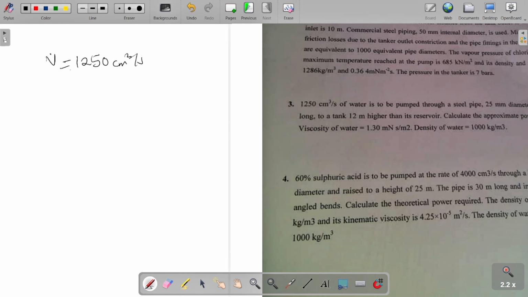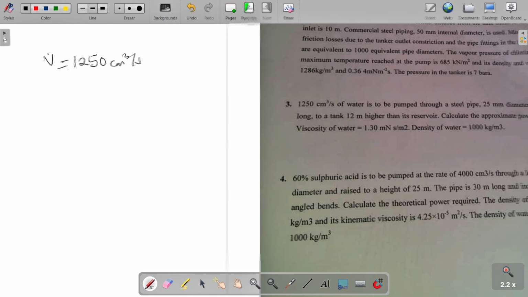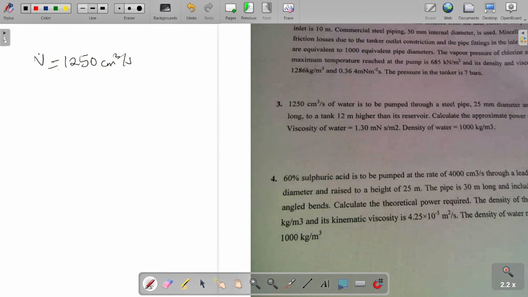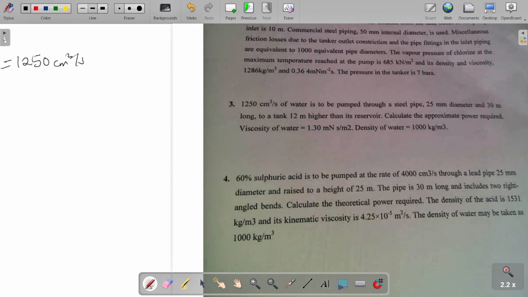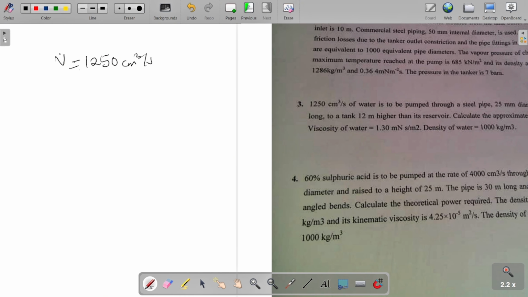So water is pumped through a steel pipe, and the steel pipe has a diameter of 25 millimeters and a length of 30 meters, right? So as you can see from the question over here, the internal diameter is 25 times 10 to the power minus 3 meters. Then I have the length to be 30 meters, right?